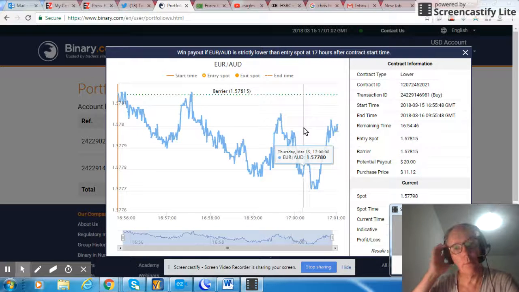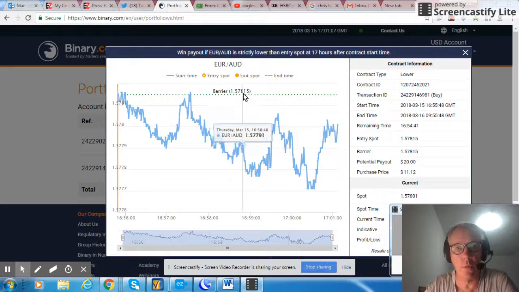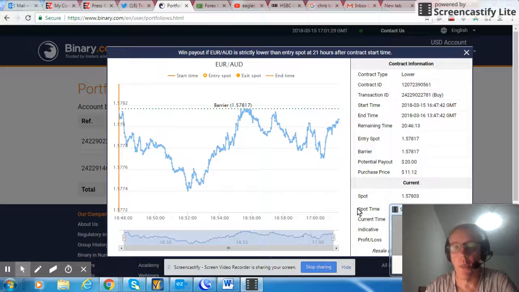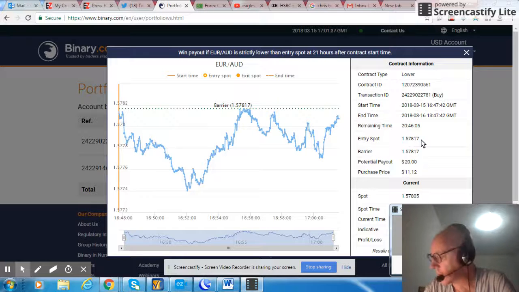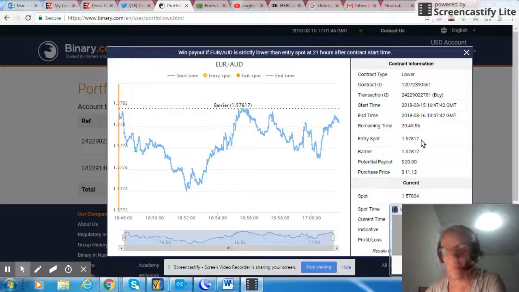In fact, I've got muddled up here which one this is on for 17 hours. 81.15 to be below, and the other one is this, I was at 157.81.7, so that's a good entry actually. 157.81.7, 17 hours. Well, no, sorry, this is just under 21 hours.